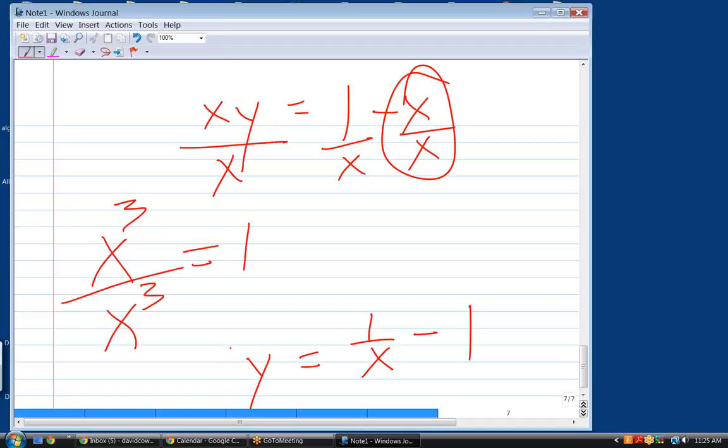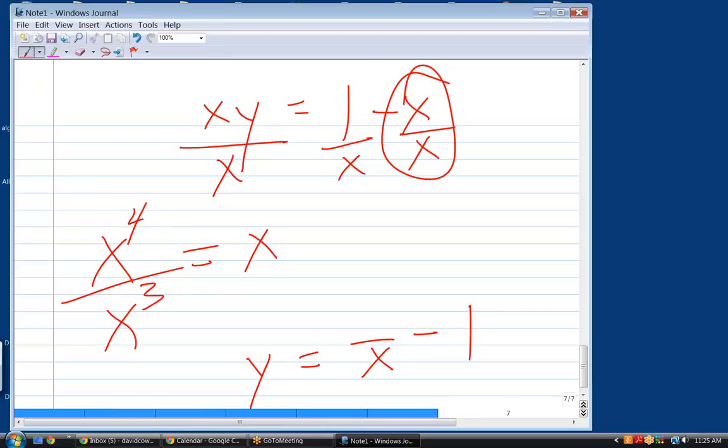That's equal to 1. It could be 1/2 x divided by 1/2 x. That's equal to 1. But if I had x to the 4th over x cubed, that would be equal to x, because you just subtract the exponents.